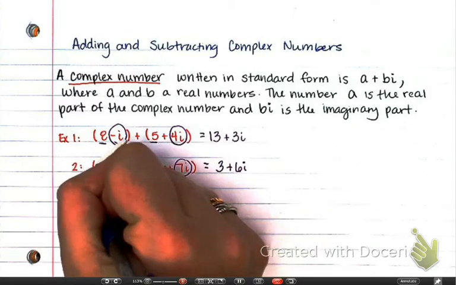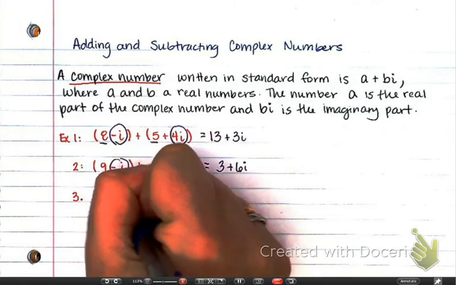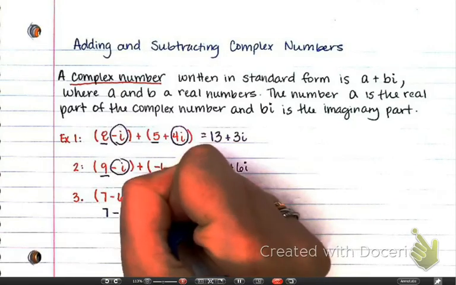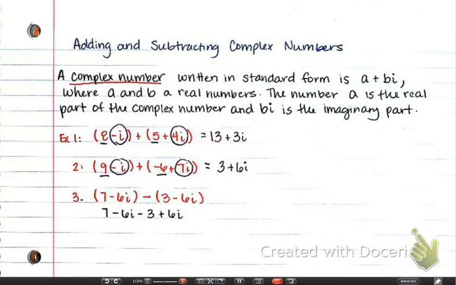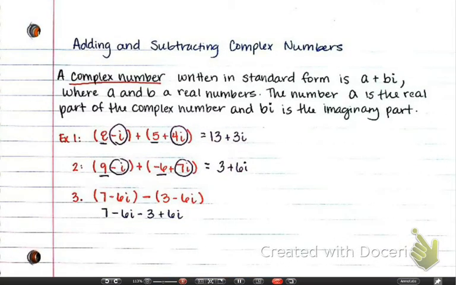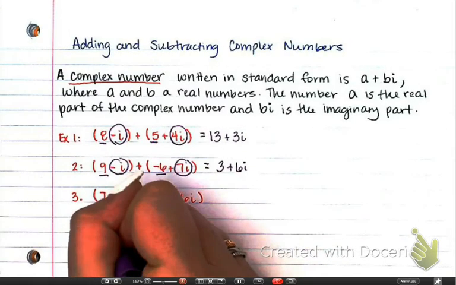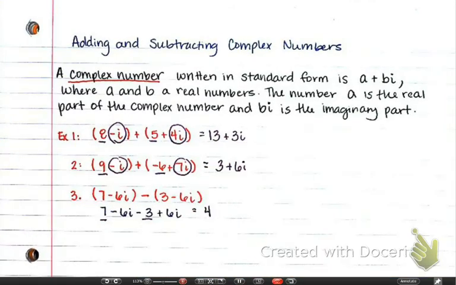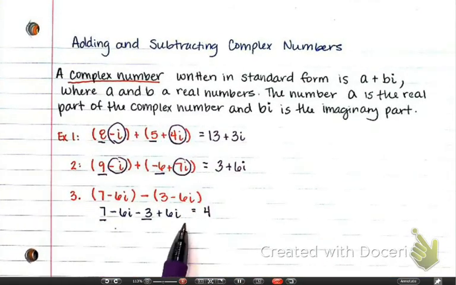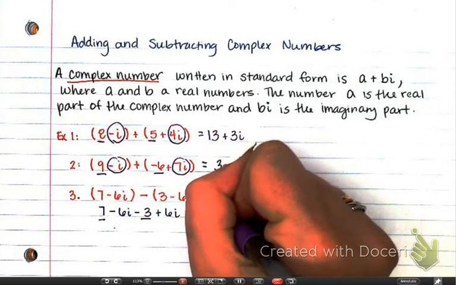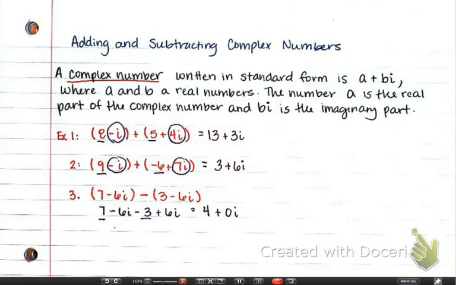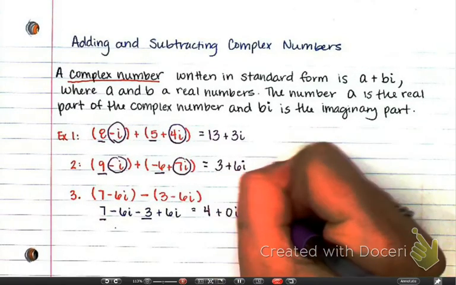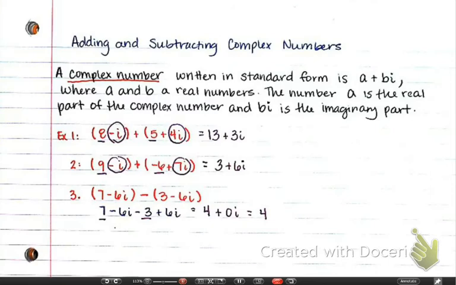So I have a 7 minus 6I minus 3 plus 6I. Combine like terms. 7 minus 3 is 4. Negative 6I plus 6I is a 0I. Do you think we need to write that 0I? Nope. Our final answer is just going to be 4.